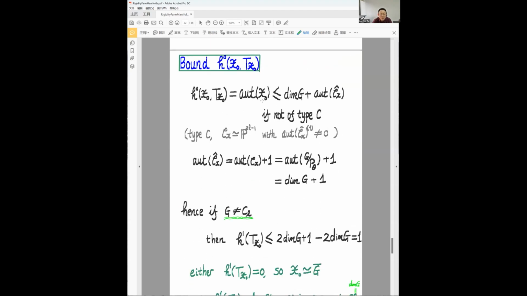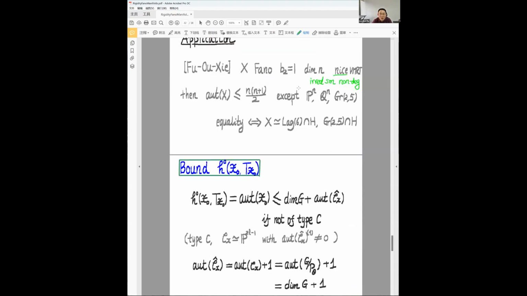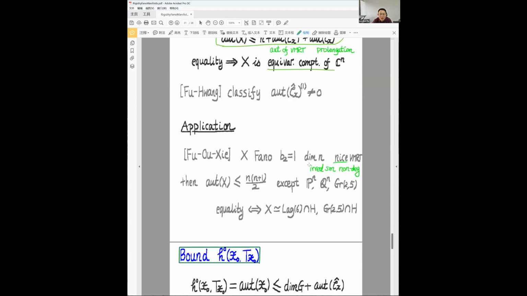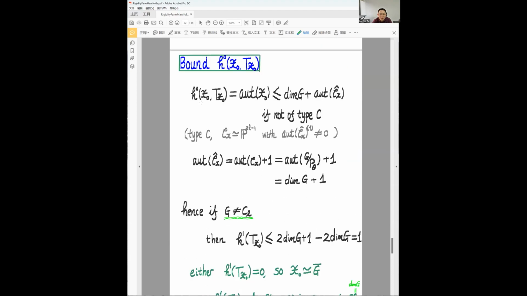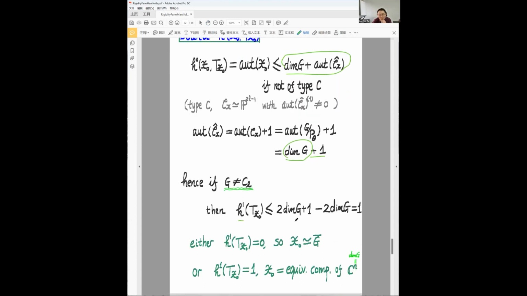And then to bound this central fiber, we just plug in this inequality here, and then we get that H0, the automorphism group of the central fiber, has an upper bound of the dimension of G plus the automorphism group of the VMRT if it's not of type C. And then it helps: the automorphism group of the VMRT is just one dimension higher than the dimension of G. And so in particular, this implies H1 is at most 1.